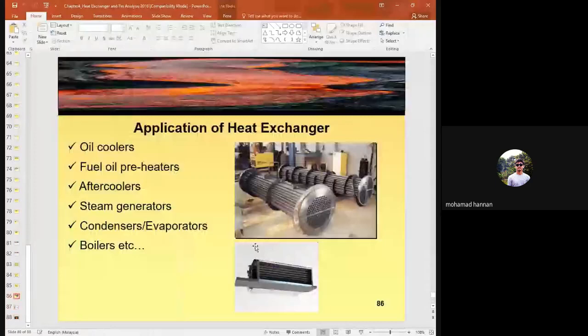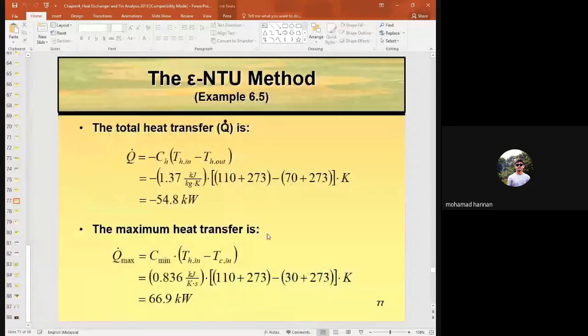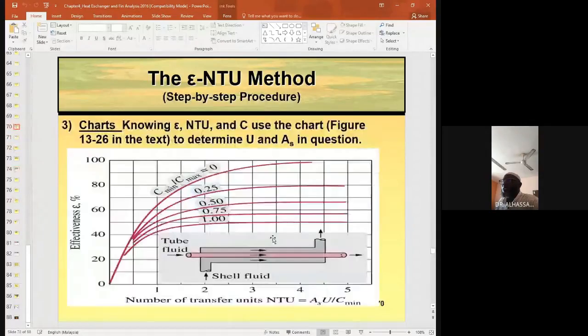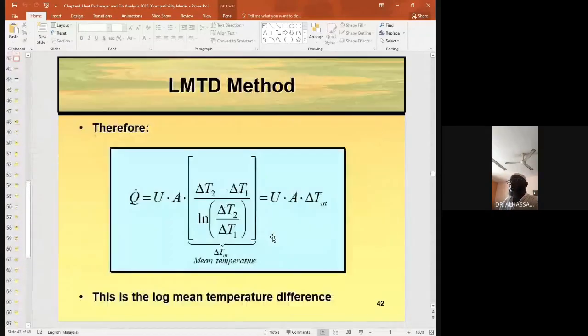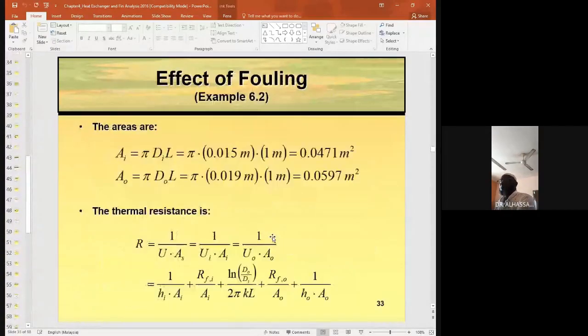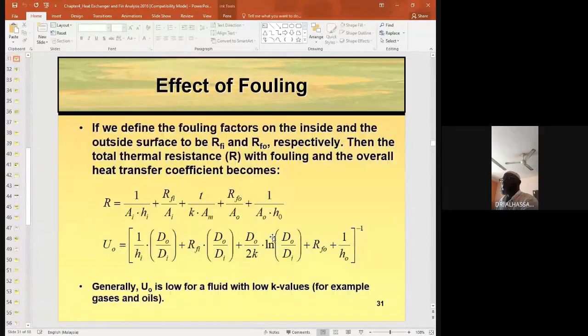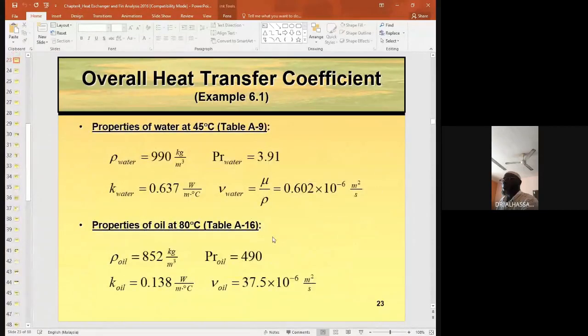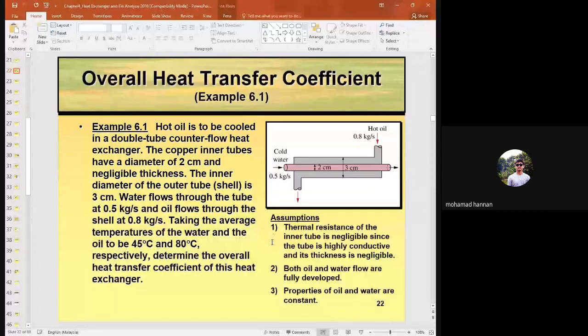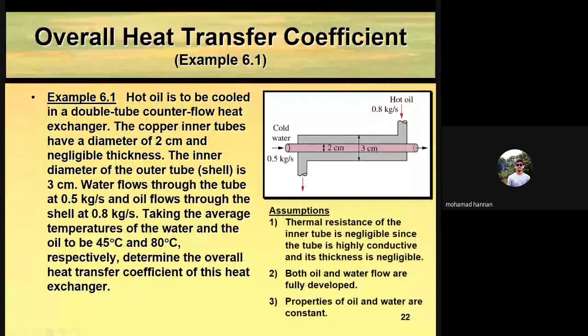My question is, does the calculation in this whole syllabus neglect the resistance of the material? Which example, 6.1? Wait, let me go there. One minute. So 6.2 is this. Yes, this one, right? At the assumption, the thermal resistance is negligible.